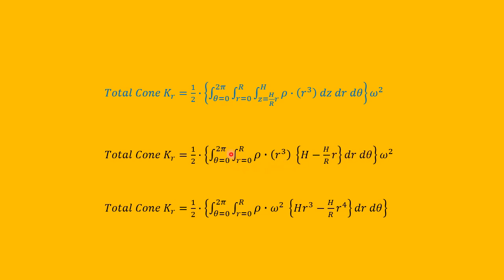So the next thing we need to do is integrate this stuff right here with respect to r going from 0 to capital R. Well, if you look at this, we have an r cubed here and times this stuff right here. So it's going to be r cubed times h minus, and then r cubed times this stuff is going to give us h over R to the fourth.